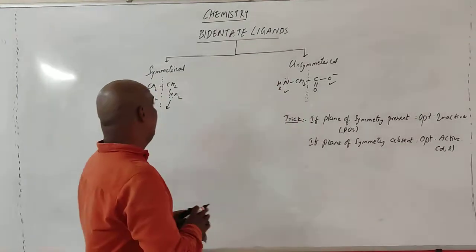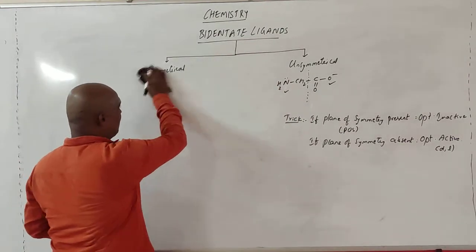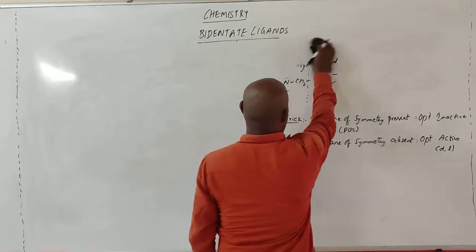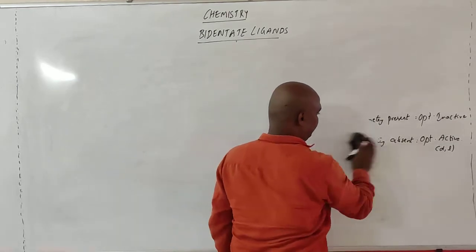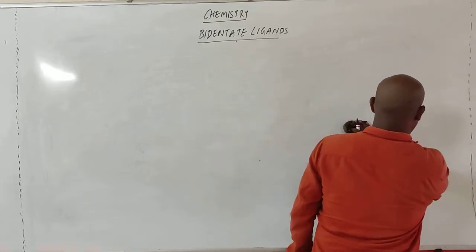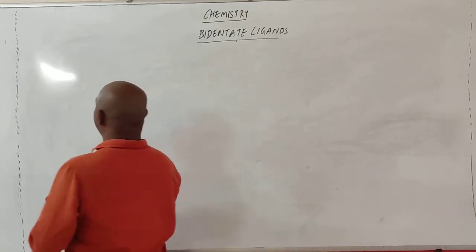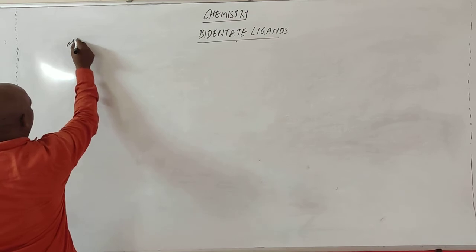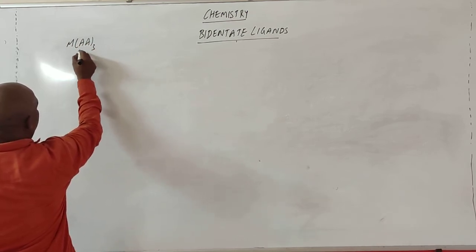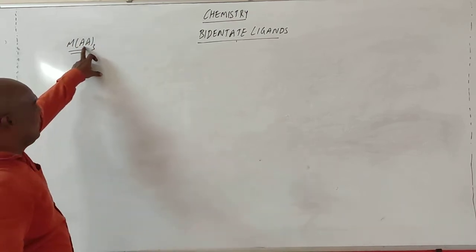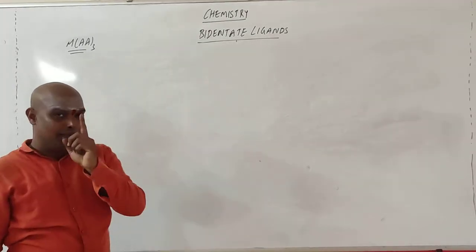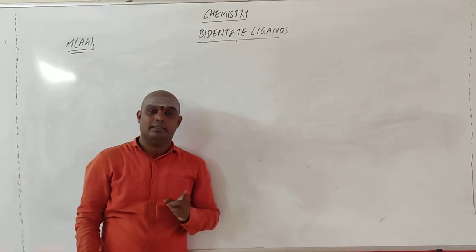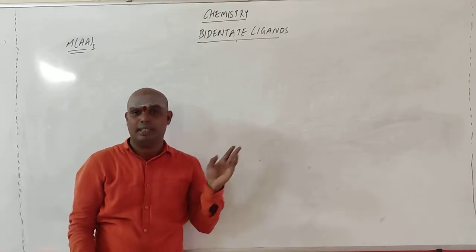Now we are going with respect to examples. If I take the example M(AA)3, this is a bidentate ligand. If three are there, we get six bonds, since one bidentate ligand gives two.